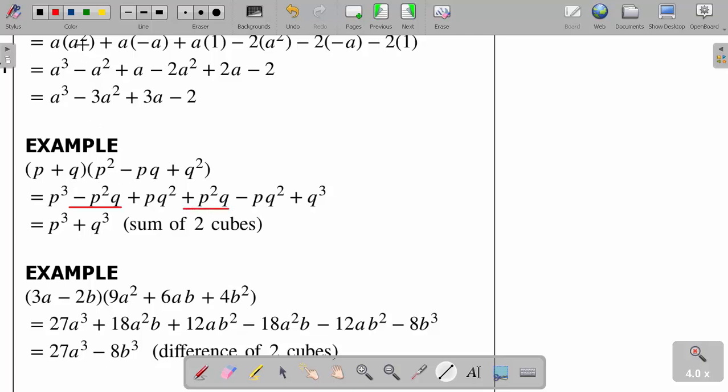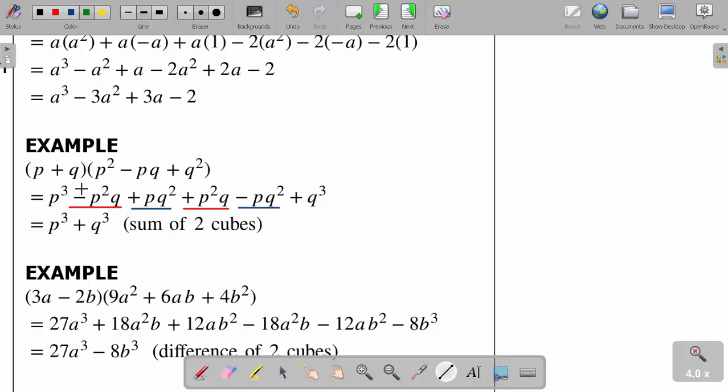And then I can see, if I now use blue, that this is positive pq squared, and this is negative pq squared. So these two in red, they're going to cancel out. Why? Because they are additive inverses to one another. They give us 0. Likewise here also the one is in the blue, but they also cancel out, so that we get our final answer.